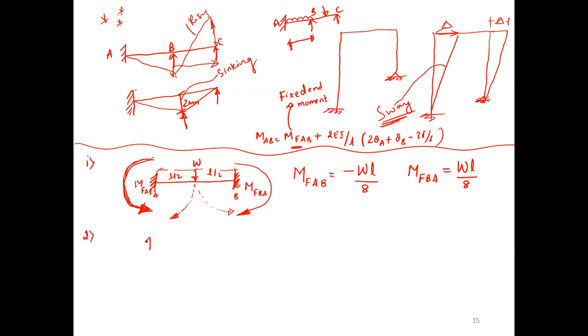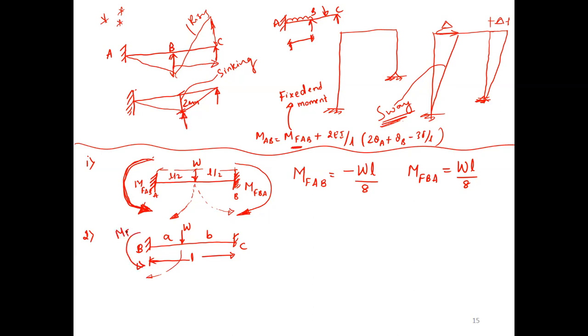Now I will take one more example. Now I will take this eccentric load. W is placed at some distances A and B. The total length is L. Say this is BC. How will it rotate towards B? Clockwise. Hence the resisting is anti-clockwise.